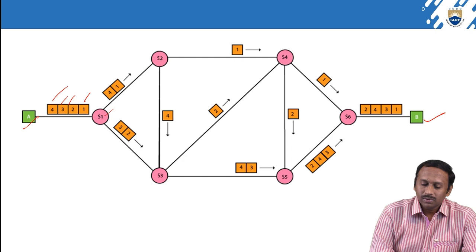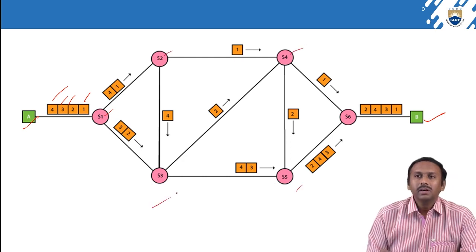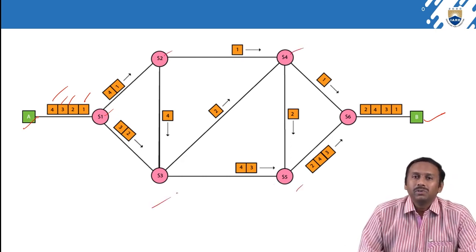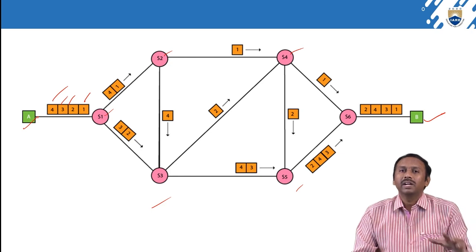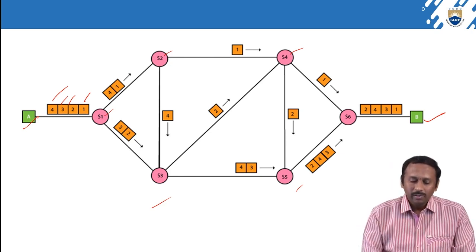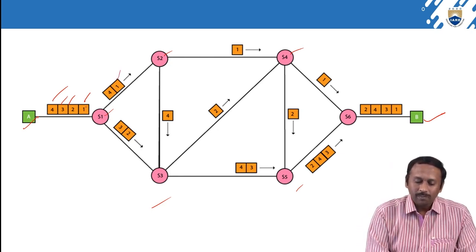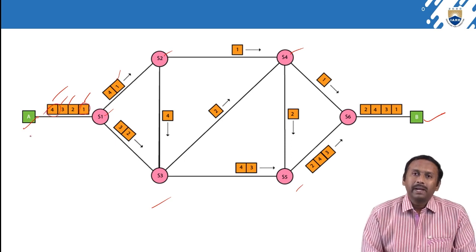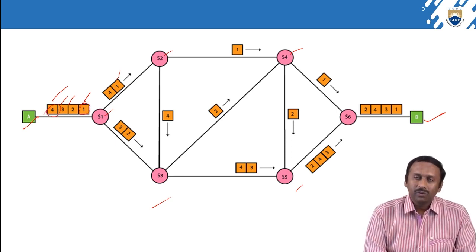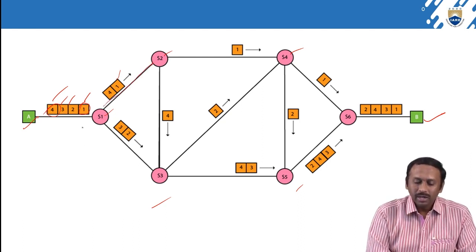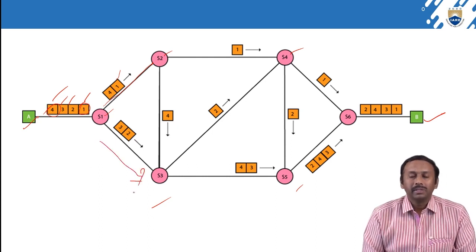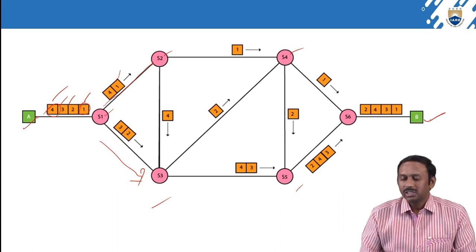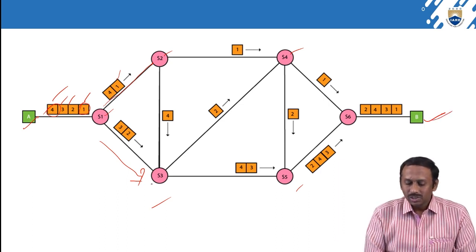Now these S1, S2, S3, S4 are all different networks. Assume that there are different networks. Data packet 1 and data packet 4 feel that the best path is from S1 to S2, and the remaining 2 identify that S1 to S3 is the best route to reach the destination. Like this it is transferred here.